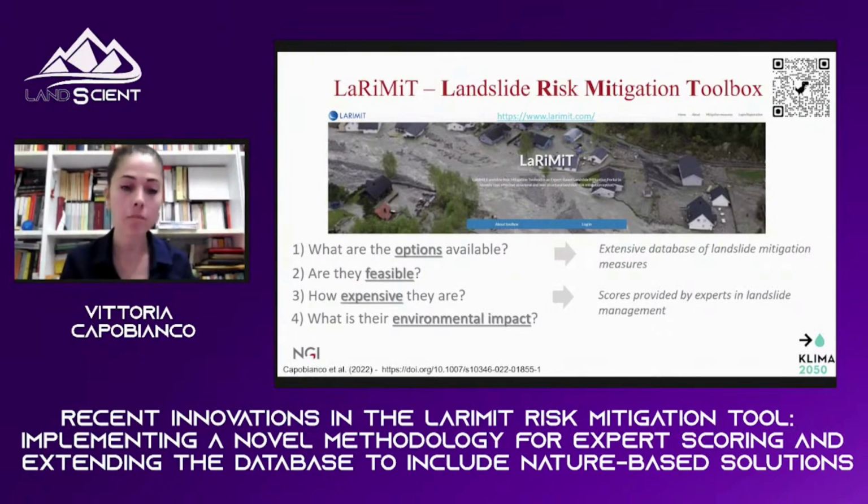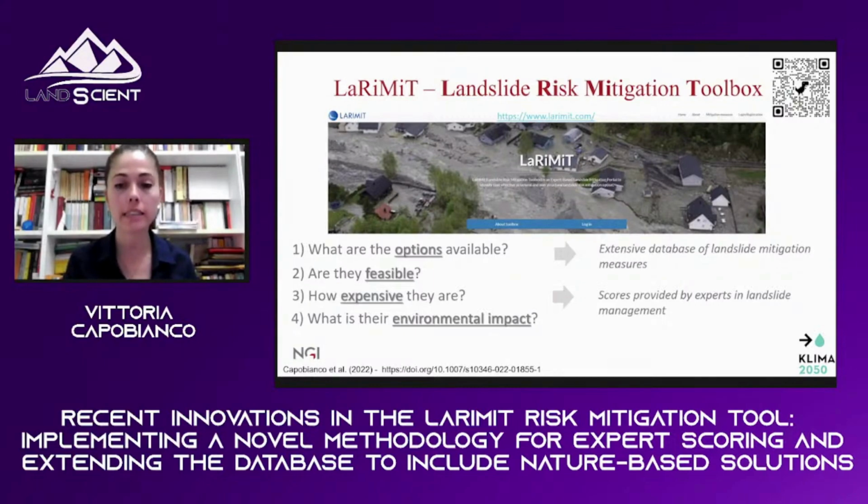And the way LaRiMiT answers these questions is through scores that are provided by experts in landslide management. So each candidate mitigation measure has scores for different types of criteria that help the users to select the most suitable mitigation measure for a specific landslide case.